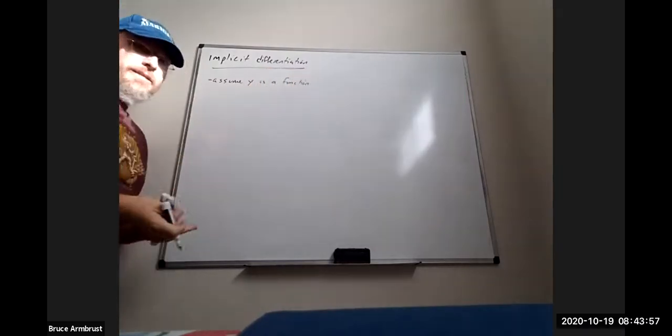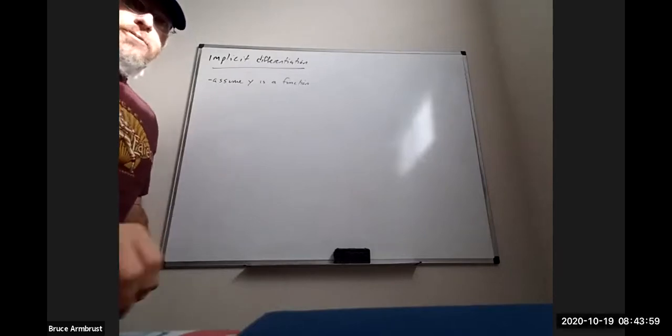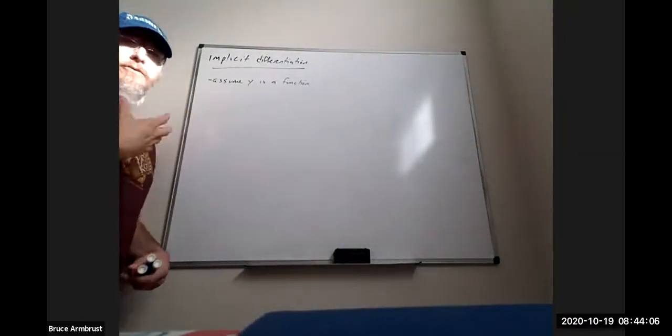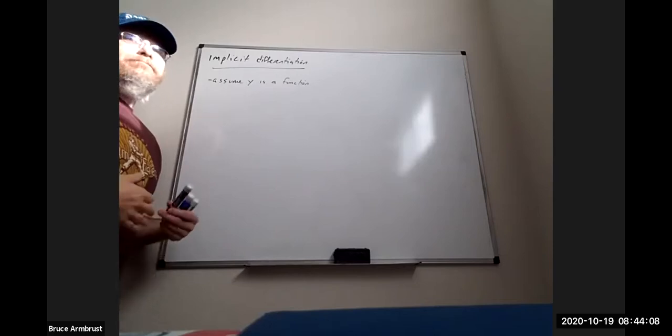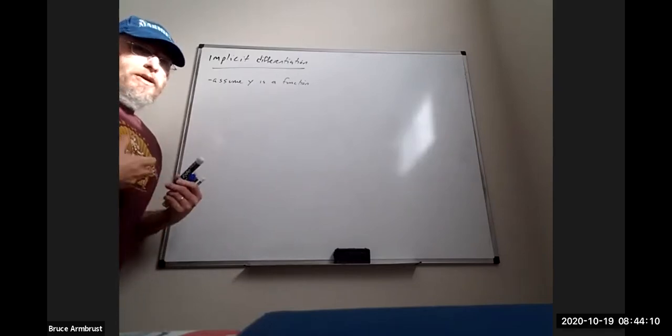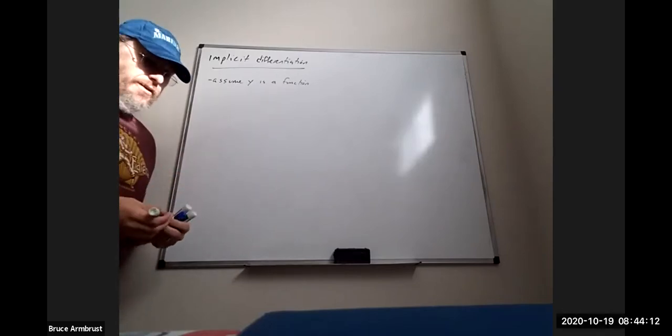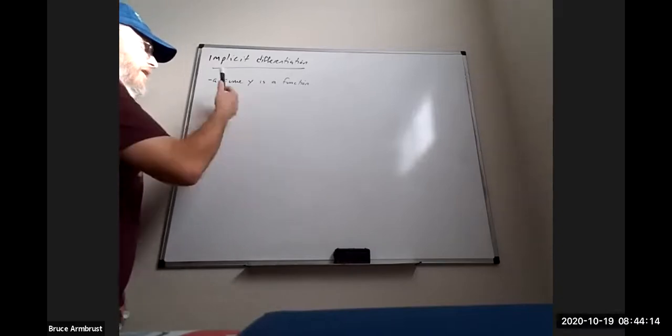It's just not explicitly stated as some formula. So we're going to assume that y is a function. We just don't know what it is. So then when we differentiate, we just have to realize we're using the chain rule.